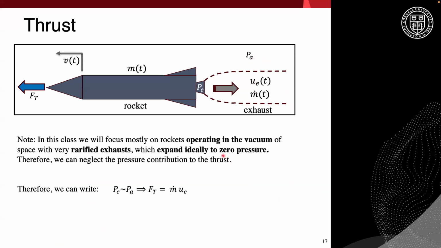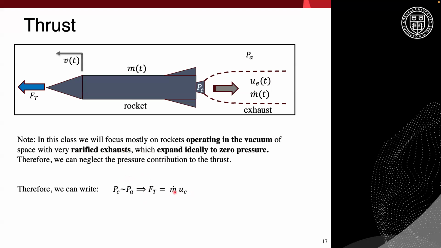And we also focus on thrusters that have a rarefied exhaust. So in this case, P exhaust is almost equal to PA, the pressure term can be neglected, and we end up with m dot times ue.